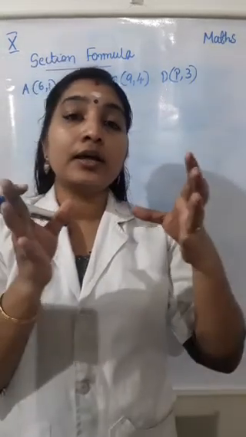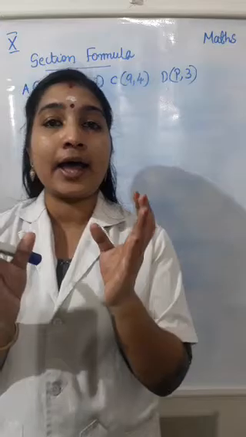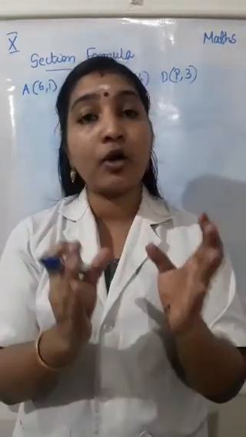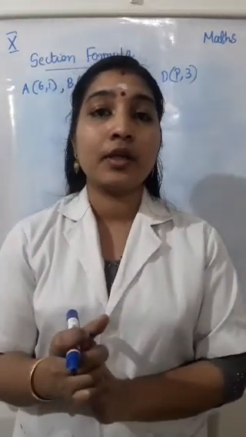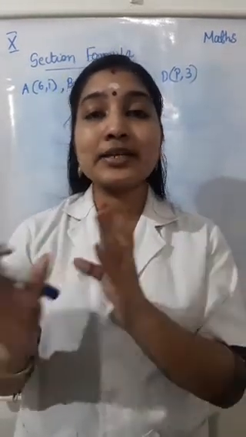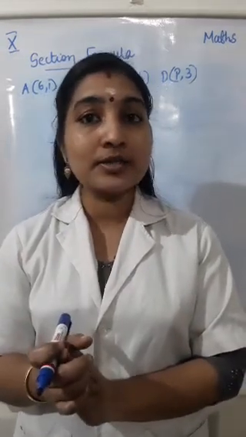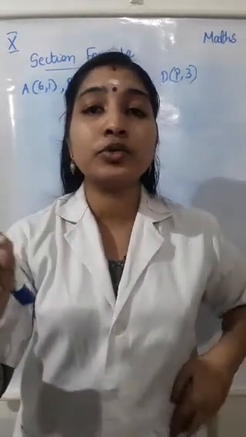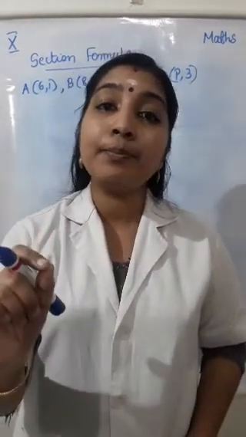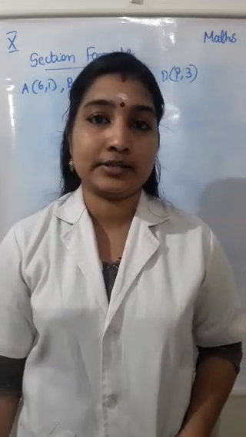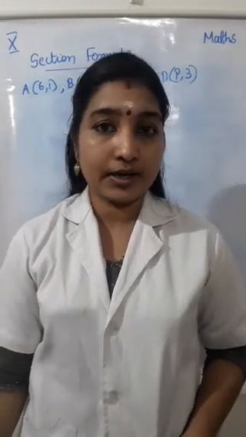You know that a parallelogram has two diagonals. The two diagonals bisect each other. That means the intersecting point of the two diagonals is the midpoint of both the diagonals. Clear?